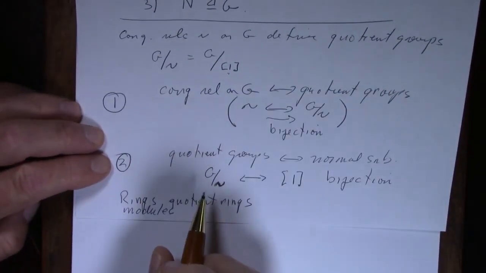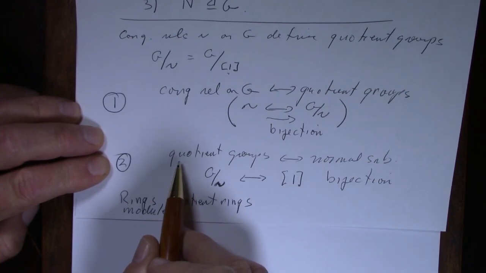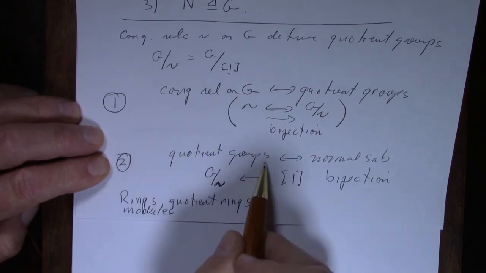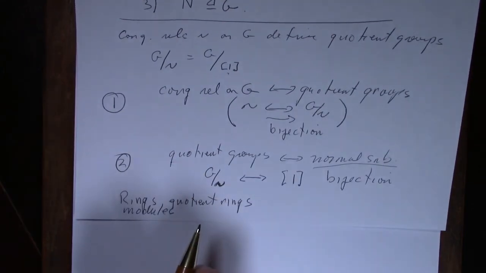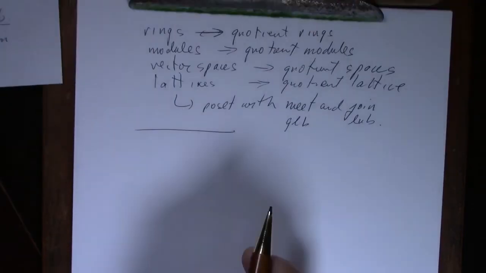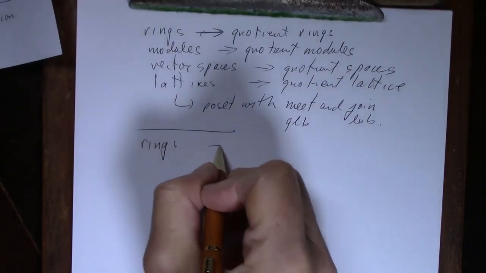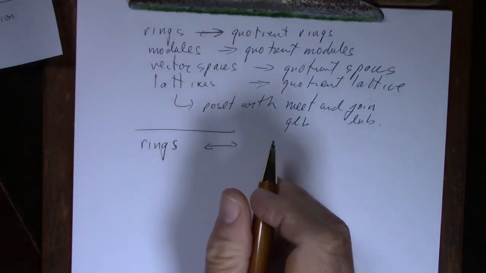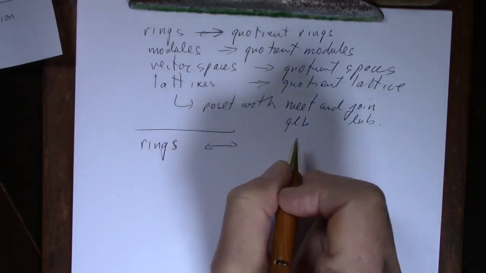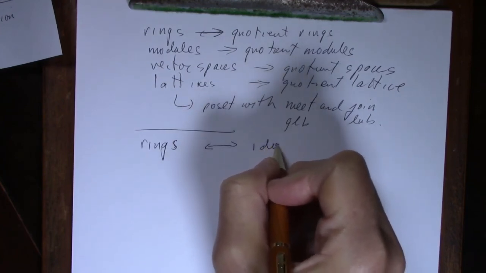This second correspondence, the second bijection, is in this case between quotient groups and a special type of substructure called a normal subgroup. We can do the same thing for rings. When we go through the analysis that we went through for groups, we will discover that the role of normal subgroups is played by an ideal.